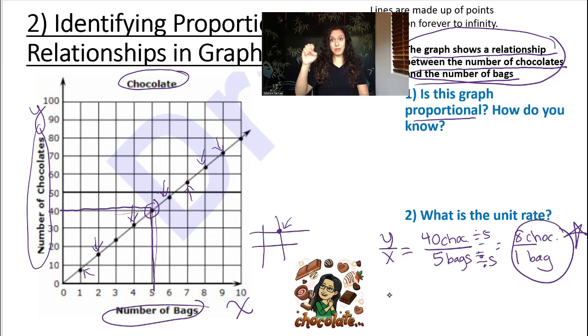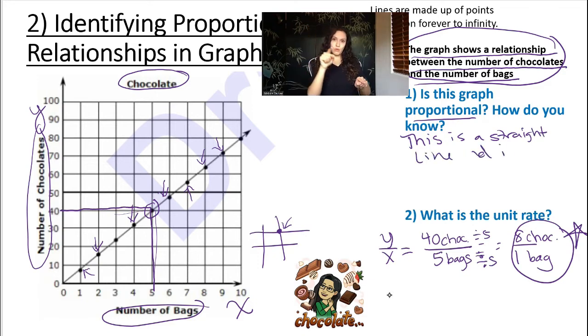So at this point, you can directly tell me this is a straight line and it goes through the origin.